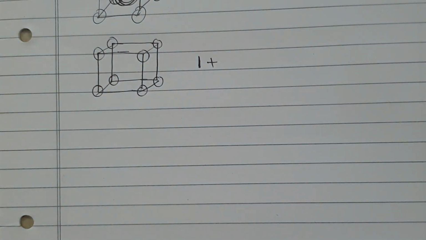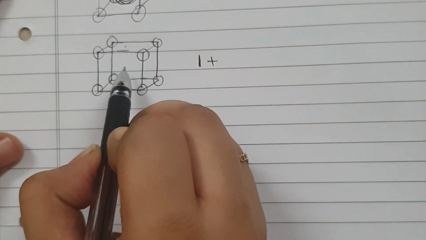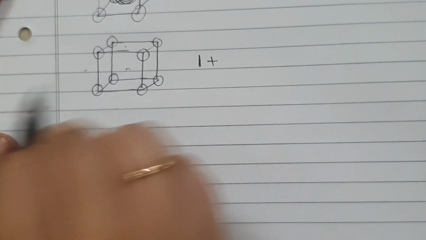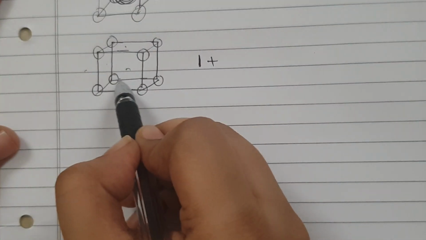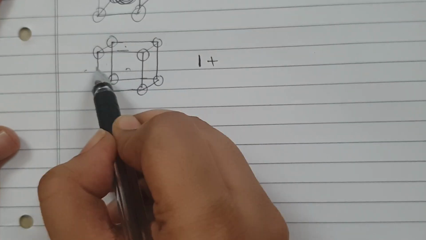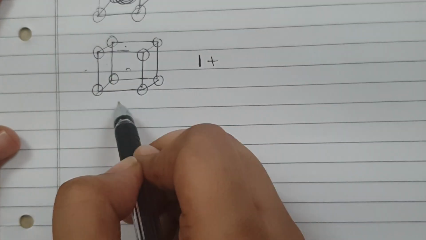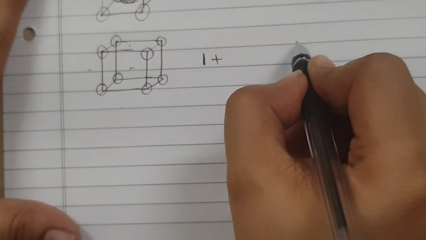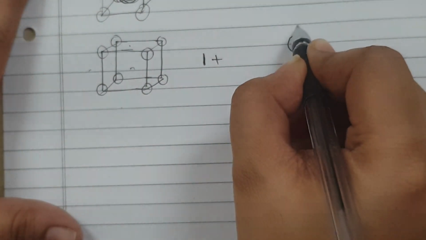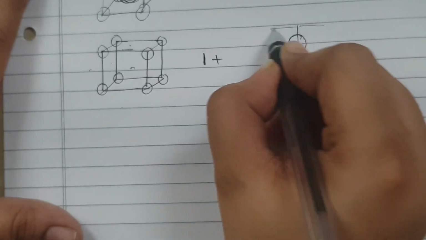So now what is the unique part in your face centered unit cell? Every face has a half of the atom showing. मतलब एक atom यहाँ होगा, एक atom यहाँ होगा, एक यहाँ, एक पीछे, एक ऊपर और एक नीचे. So उस case में क्या होगा? जो हमारा atom है, एक unit cell यहाँ होगा, एक unit cell यहाँ होगा.